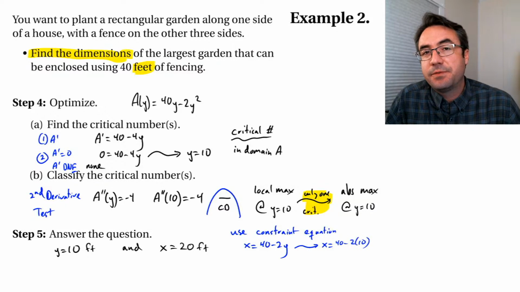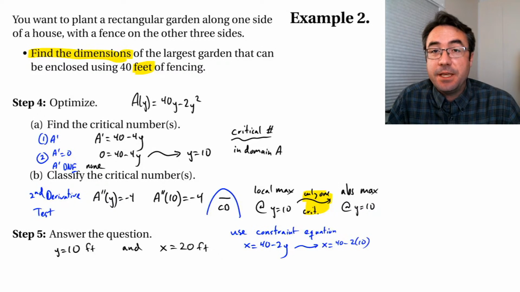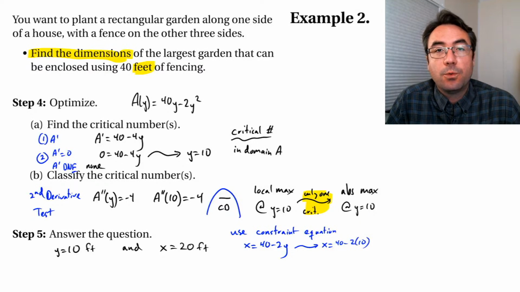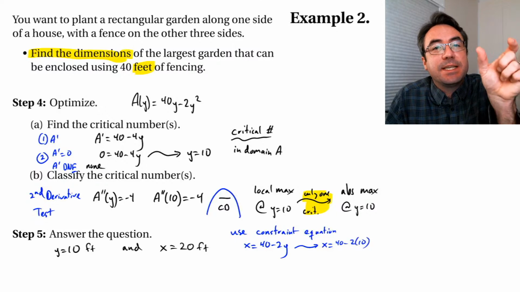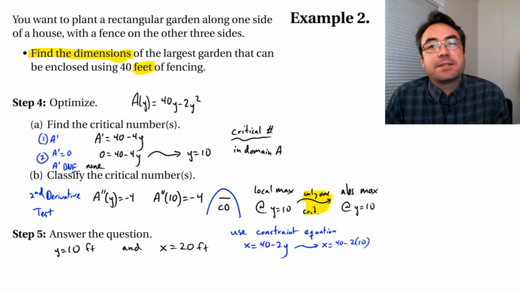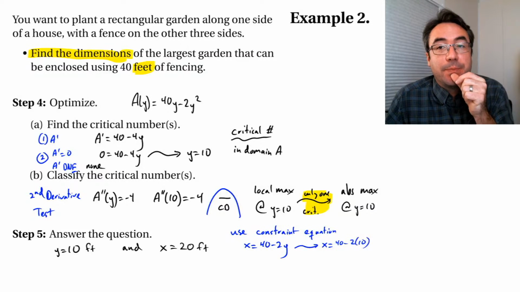So the second derivative test says we only have a local max. But we're trying to find the largest value in this problem. And so we do want to see that implication saying not only do we have a local max there, but we actually have an absolute max.